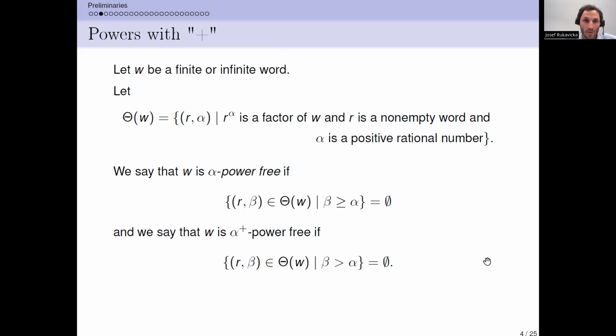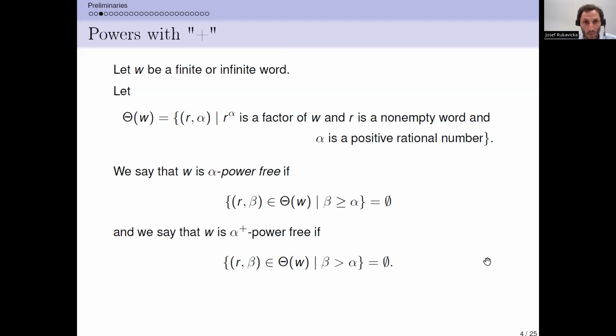This distinction is important, and in some papers you will find this notion even with this notation. This is not my notation; I used it from some other papers. Depending on whether we consider just alpha-power-free or alpha-plus-power-free, we get different results. So I hope this distinction is clear.